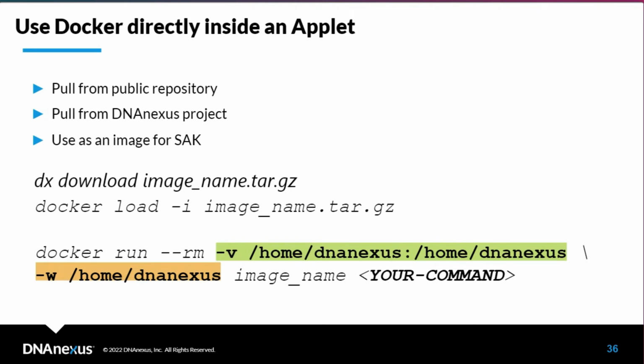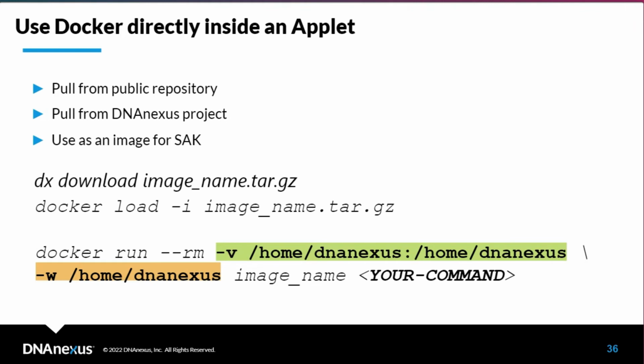And then what is also recommended when using Docker on RAP, you can use -v or --volume. This is the same option, and this allows you to mount local DNAnexus worker directory, like we can see it here in the green color, and mount files to your container so you can work with them inside the container.